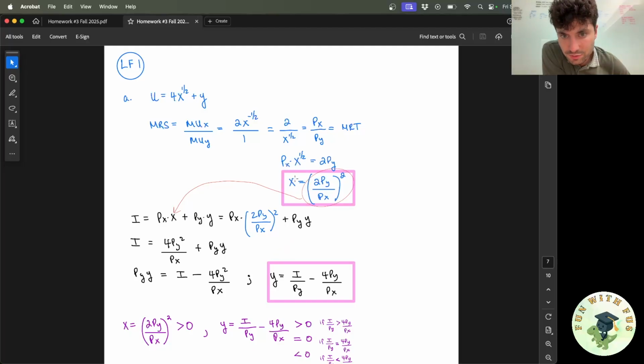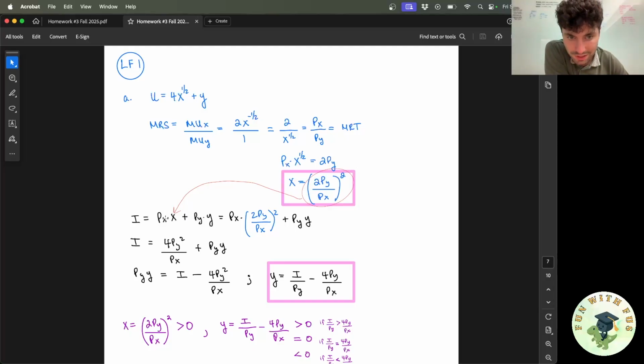So oftentimes we'll get like x equals py over px, and then there'll be a y, like when I cross multiplied, and that's very bad. That's what we're trying to avoid, because that's like telling me, like we have a consumption bundle, how much x I buy is determined by how much y I buy.